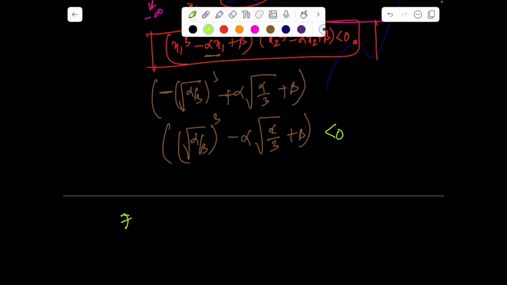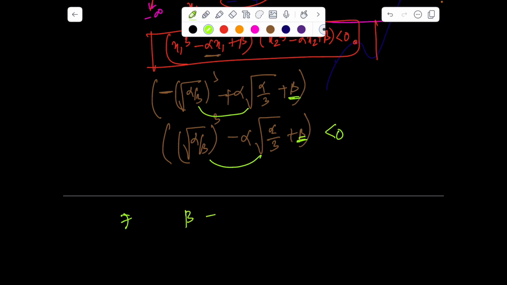And now we can see some striking similarity over here, because I can write it as a plus b into a minus b. How? As you can see, beta is already common and we have these quantities negative of each other.